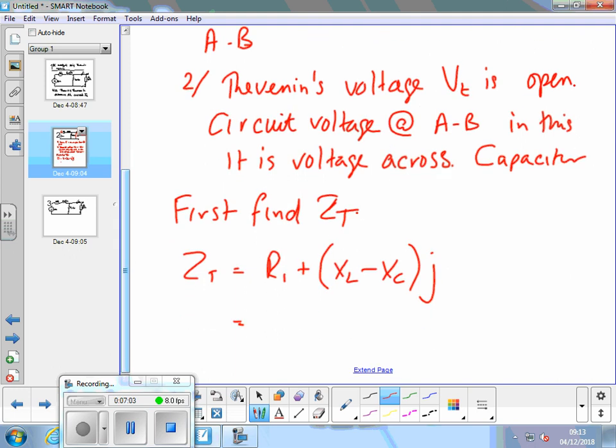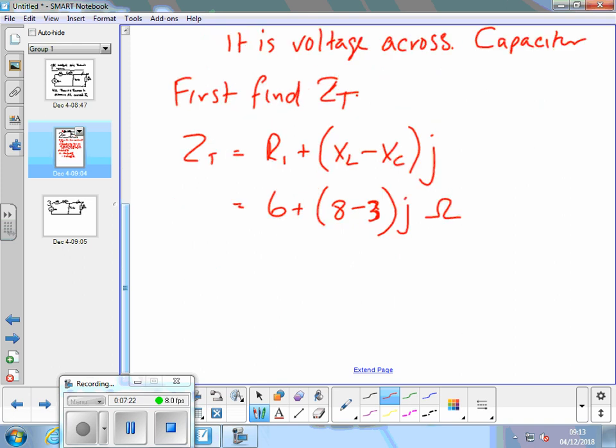So put the numbers in that. We've got 6 plus, open the brackets, 8 minus 3, close the brackets, times J, which is 6 plus 5J. Now, because we want to find the current using Ohm's law, what do we need to do with that impedance to make it easier?